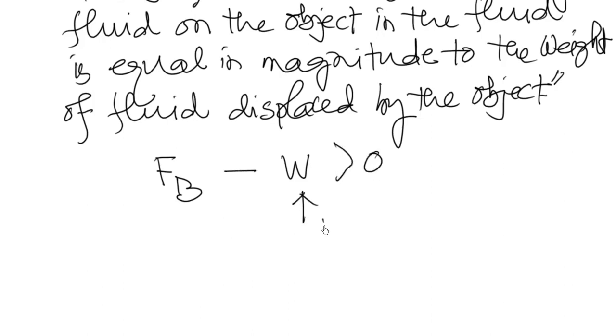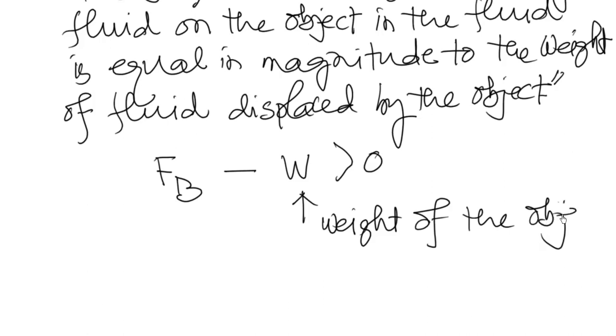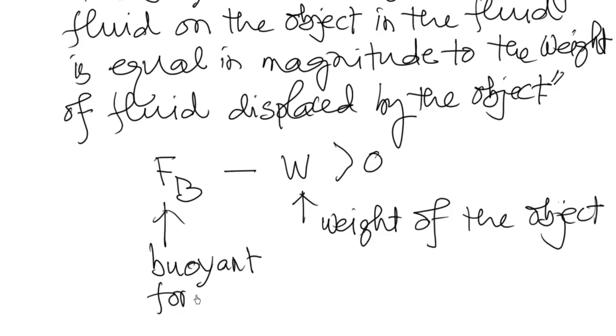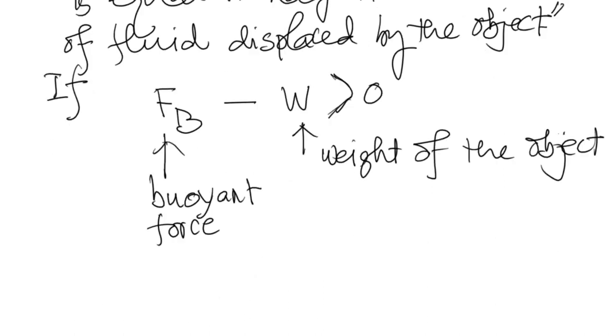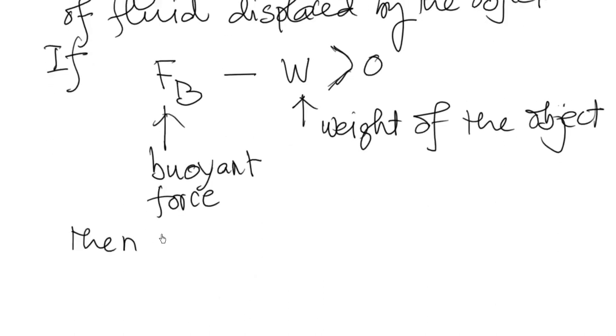This is the weight of the object, or the block we have shown, and this is the buoyant force of the fluid on the object. If this difference is greater than 0, then the object will rise.